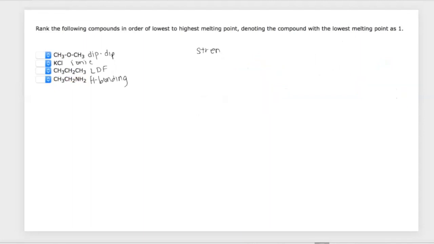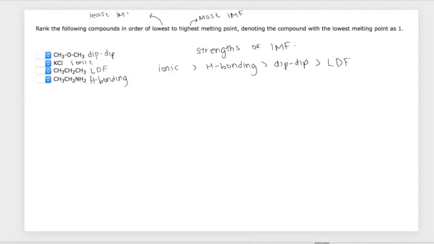Reminding ourselves the relative strengths of intermolecular forces. Ionic bonds are the strongest, followed by hydrogen bonding, then dipole-dipole interactions, and lastly, London dispersion forces. We had said previously that if something has stronger intermolecular forces, then it will have a higher melting point, and the weakest intermolecular forces will have the lowest melting point.